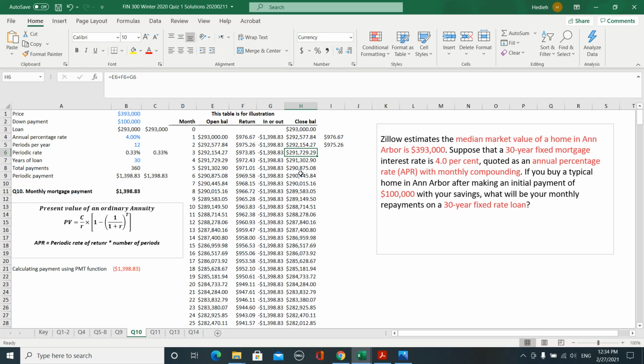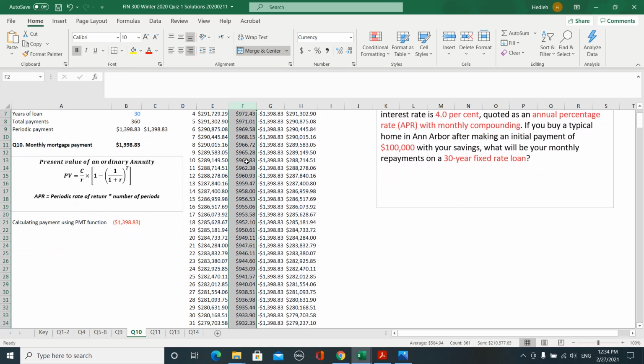If you continue in the same way, you can observe that, first of all, because this is a fixed rate loan and the payment over the life of the loan is fixed, you always pay $1,398.83. And after 30 years or 360 periods, you can observe what happens. So let's go down and observe what happens.